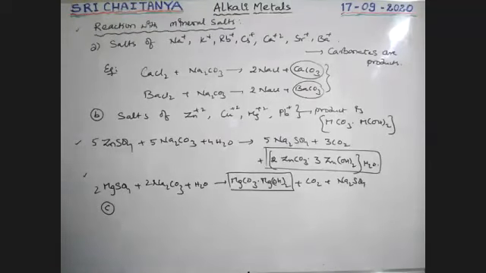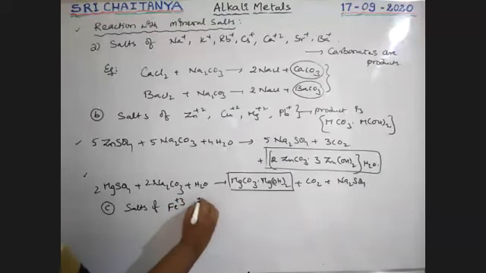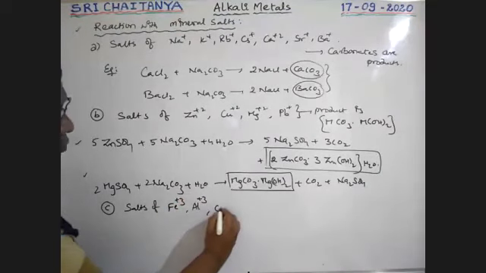Third category. That is salts of Fe plus 3 ions, Al plus 3 ions, Cr plus 3 ions.